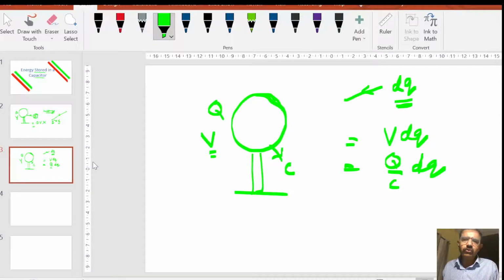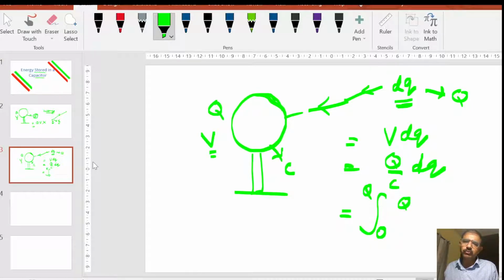I want to shift a total charge Q, and since this is variable, I will integrate from 0 to Q of Q by C into dQ. When I solve this, it becomes Q square by 2C, so the formula becomes 1 by 2 Q square by C.